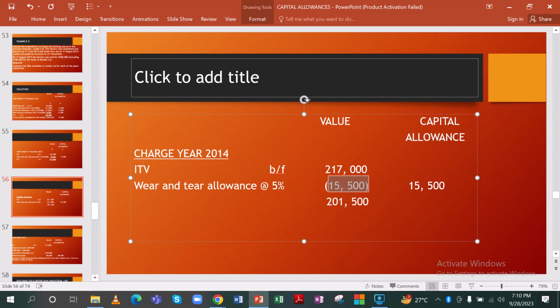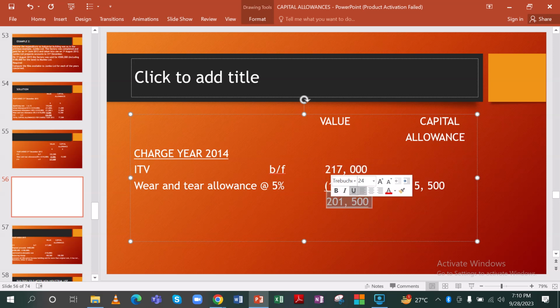That is what is going to remain in this particular case. So we put it there and say that is out.